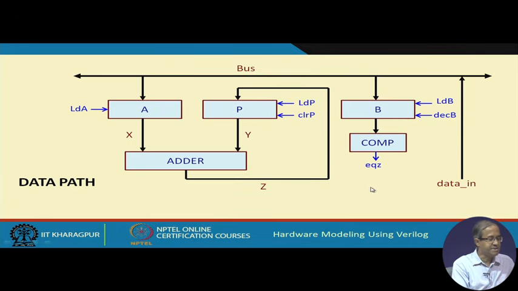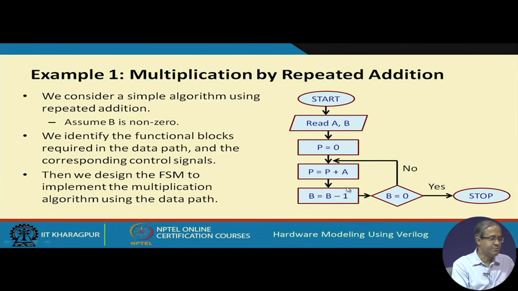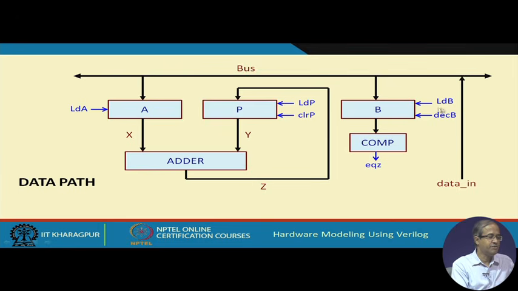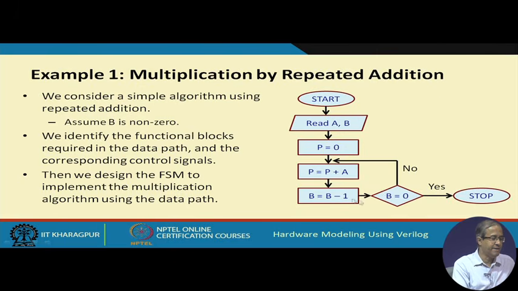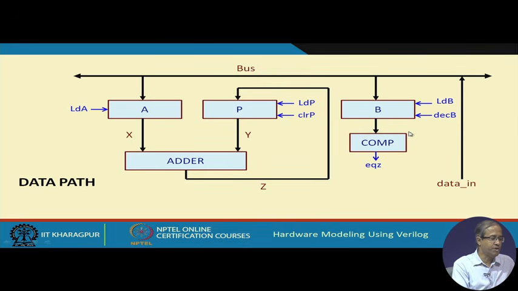Regarding this B register, B has to be decremented. So, B is actually a counter which has another control input decrement B. If it is activated, it will be decremented by 1, and we have to check B for 0. So, there will be a comparator circuit which will be checking whether B is 0 or not. How can we check something for 0?